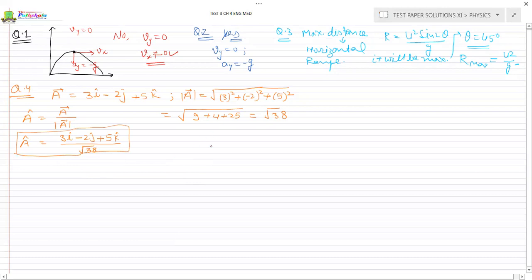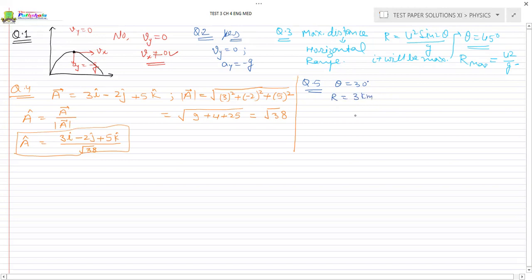Okay. Now the question number 5. A bullet is fired from a gun at an angle of 30 degree with horizontal, which falls 3 kilometer away on the ground. So what is given to you? Theta is equal to 30 degree, and R is given as 3 kilometer.